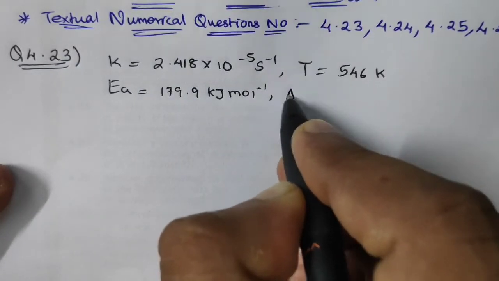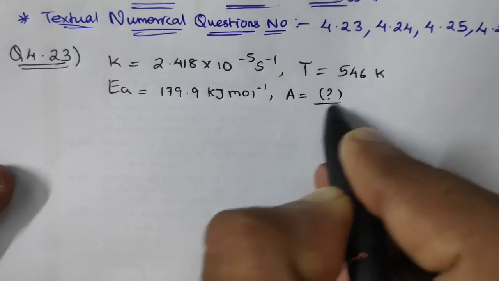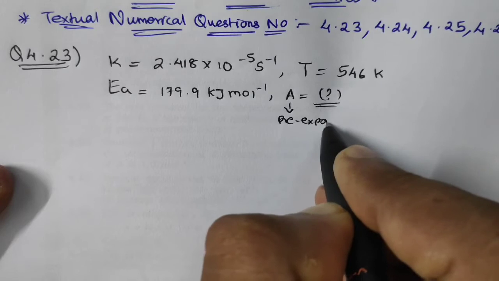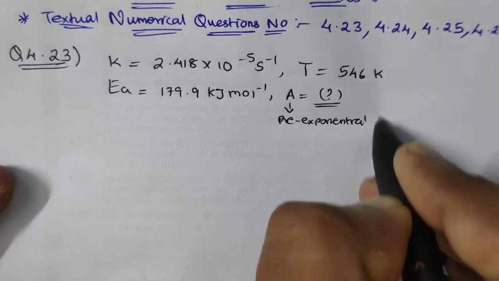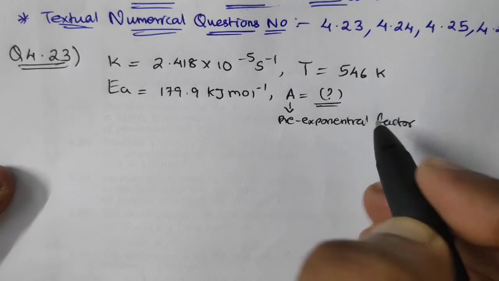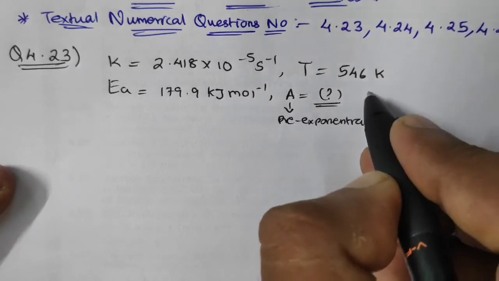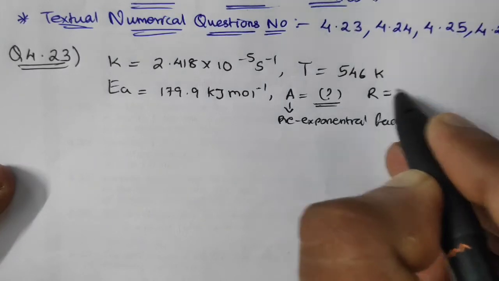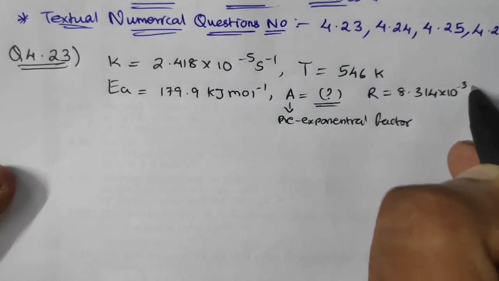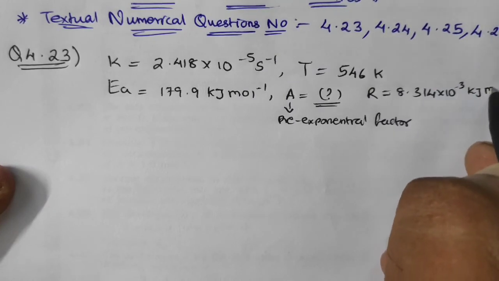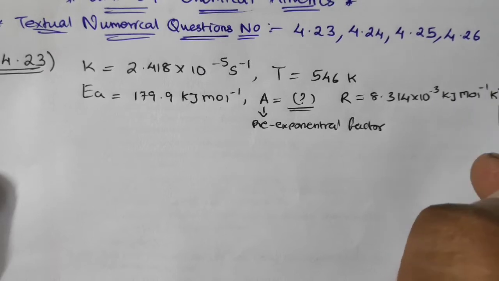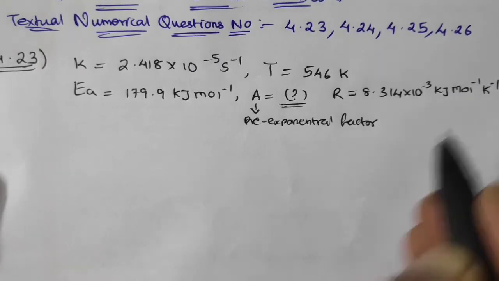A is the pre-exponential factor, which we have to find. Then for R, as it is in kilojoule, you have to take 8.314 into 10 raised to minus 3 kilojoule mole inverse Kelvin inverse. So remember this.